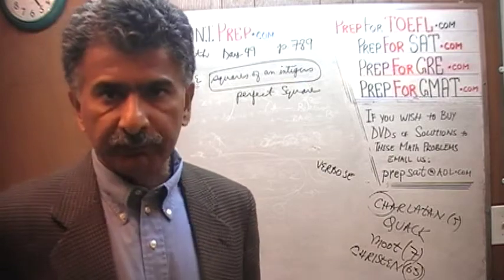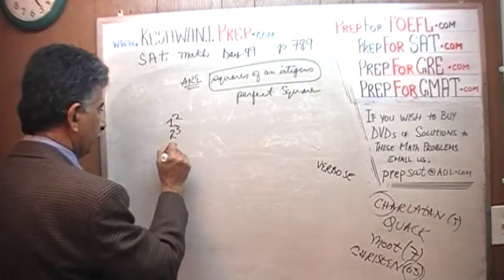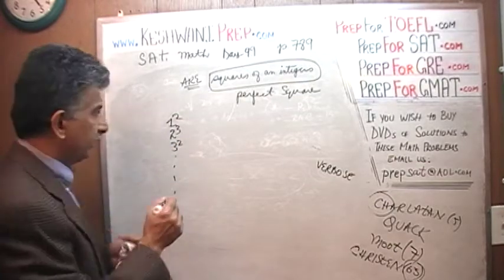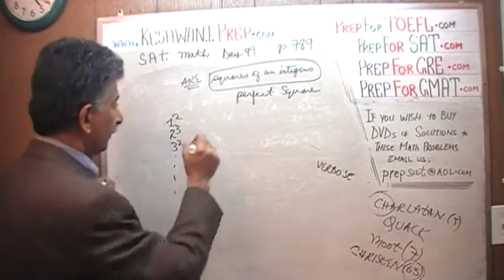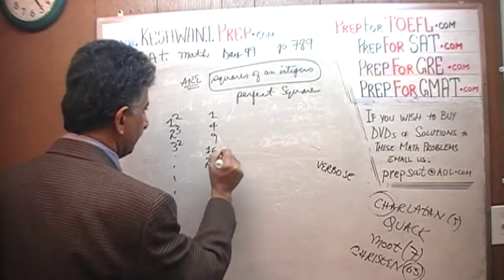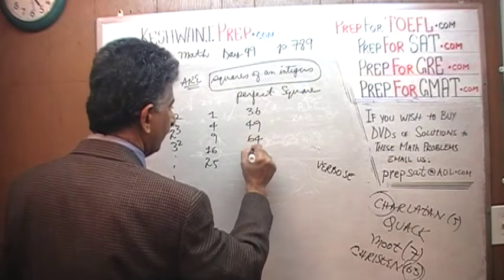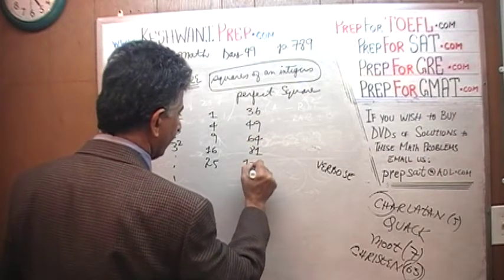Well, there are 10 of them. 1 squared, 2 squared, 3 squared, and so on and so forth. There are 10 integers that are perfect squares: 1, 4, 9, 16, 25, 36, 49, 64, 81, and 100.